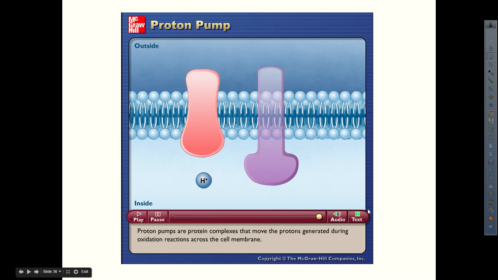Depending on the cell, how efficient it is at this process, we're going to get somewhere between 30 or 32 ATP from one glucose molecule. And again, the step that gave us that big punch is the electron transport chain. That is really the step that is very essential to our cell's ability to make ATP and be efficient at producing energy.